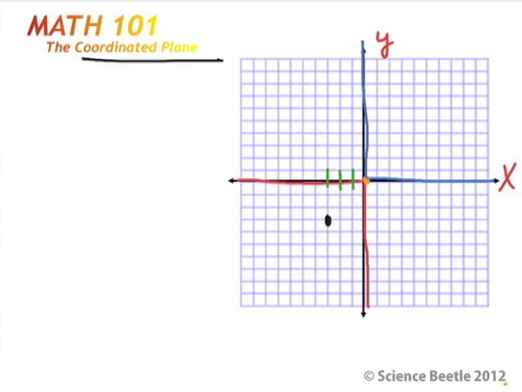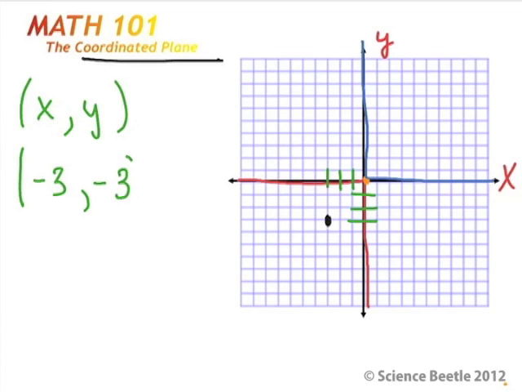So the x value for this point is going to be -3, separated by a comma. Now we have to find the y value. Since the value is going down from 0, it would be -1, -2, -3. So the pair for this particular point is going to be -3, -3.